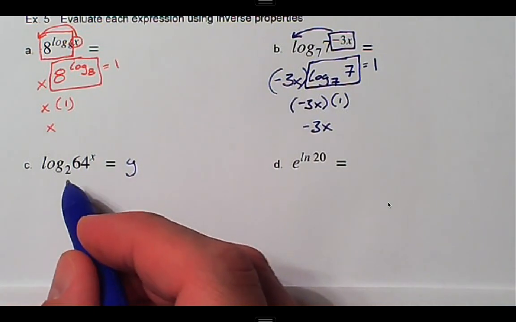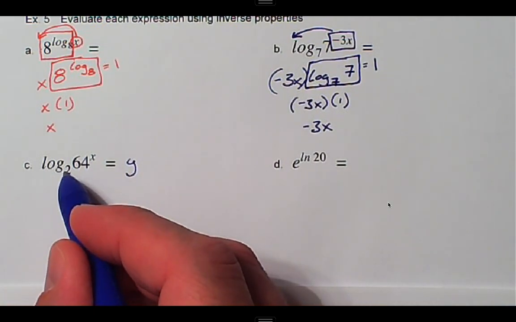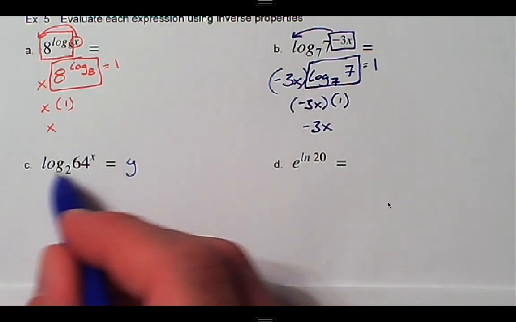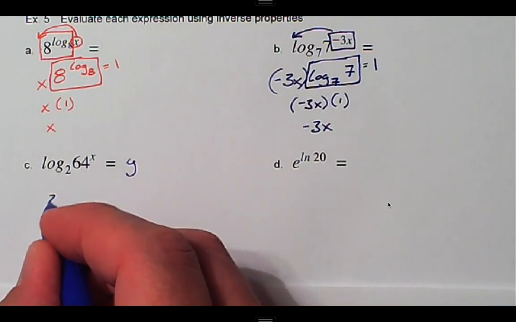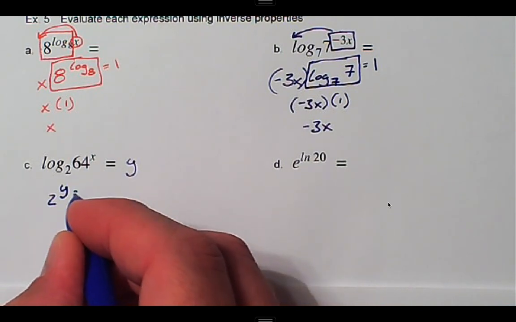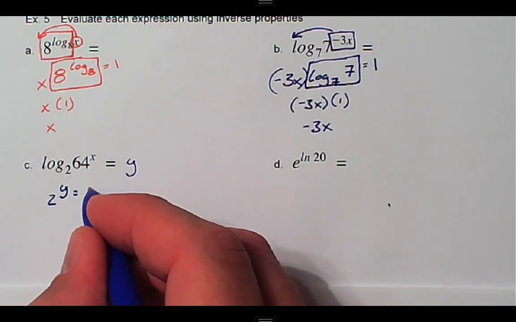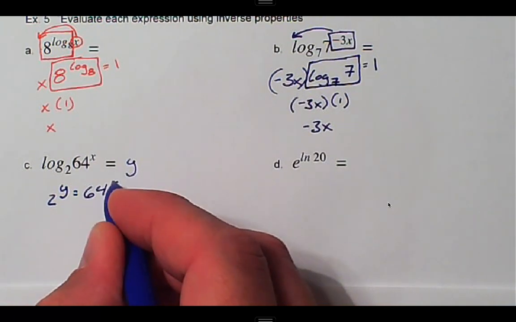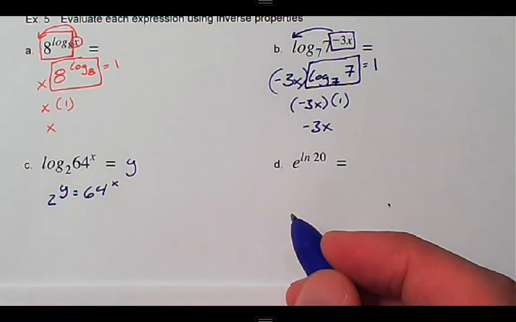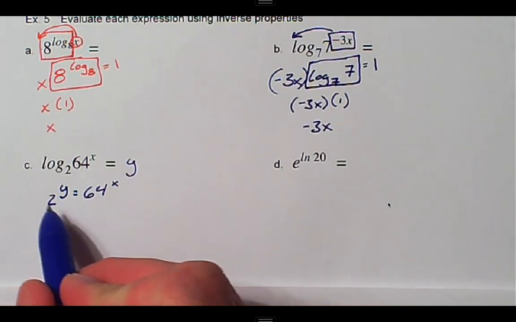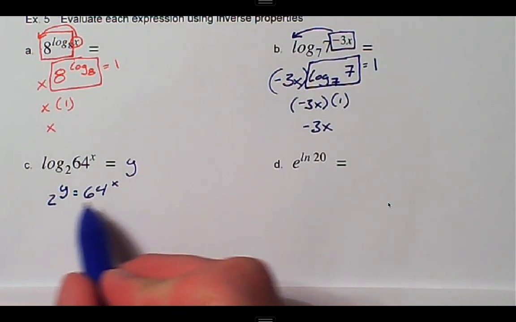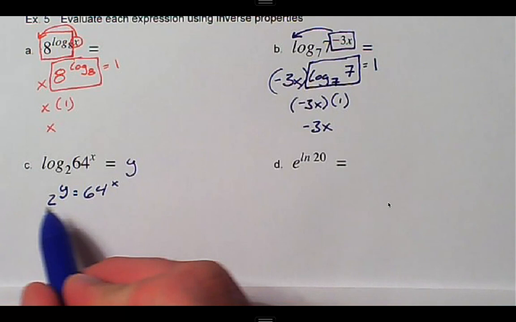And we remember that our base is 2, so we can rewrite this in exponential form. So we can say 2 raised to the y power is equal to 64x. And now we can get it in common bases. So we have a base of 2 over here. Well, how do we get 64 to become 2?